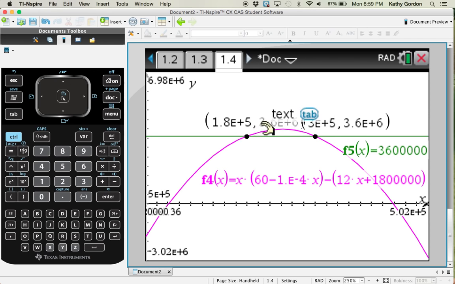And now it's a little more obvious to see that what I want is this little section right here, because this is where profit, R minus C, is going to be greater than this green line, which represents our 3.6 million. Okay, so we get the same answer. We're still looking for this interval between these two x values, as anything in there is where my profit's going to be bigger.